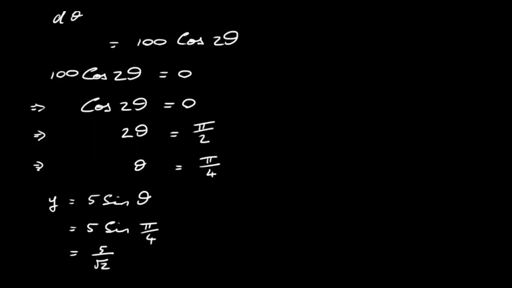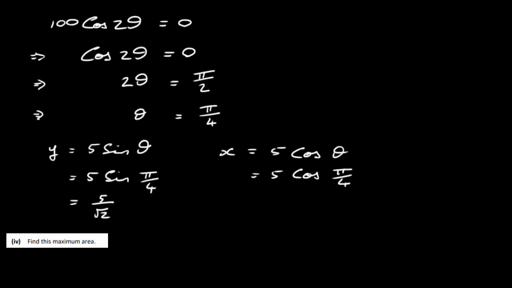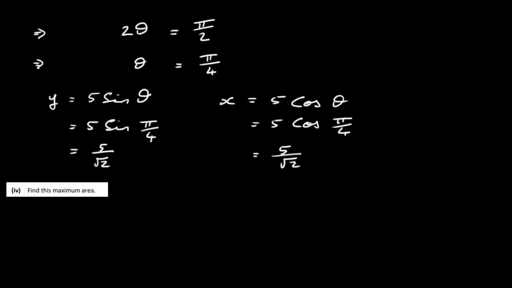Similarly here with x is equal to 5 cos theta. So that gives us 5 cos pi over 4. So that gives us 5 over root 2 as well. The cosine of pi over 4 is 1 over root 2. So in both cases we end up with 5 over root 2.